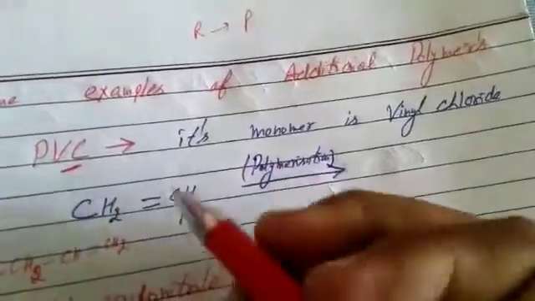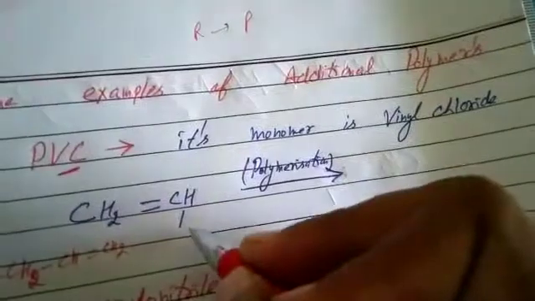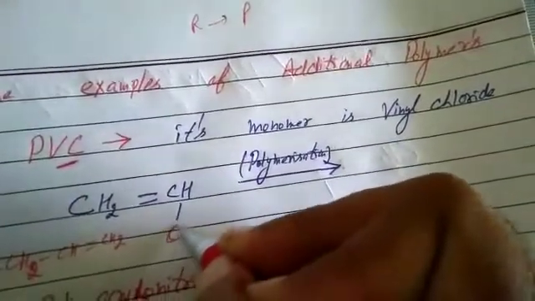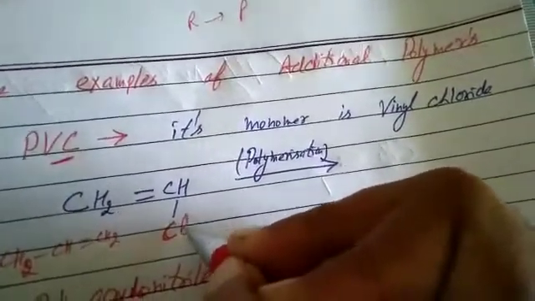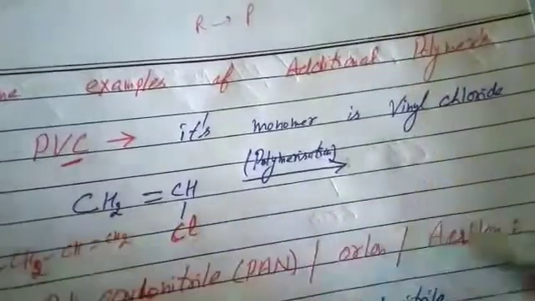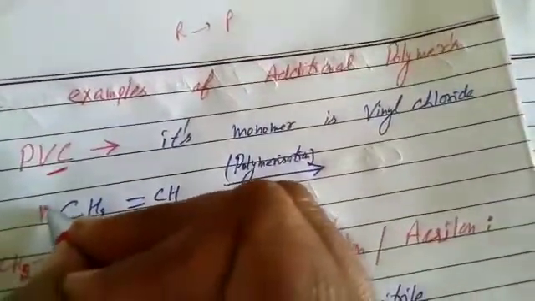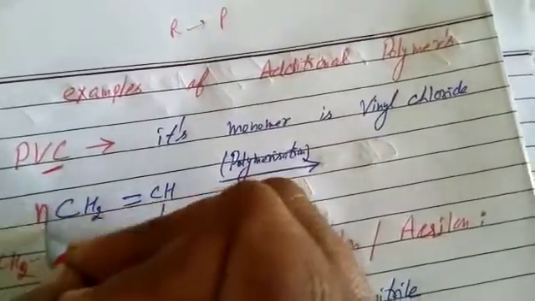PVC, vinyl chloride. Students, the suffix is chloride, which means we will mention Cl. It is vinyl chloride, and it's clear its monomer contains unsaturation. When we do polymerization, we consider n times in the general equation. Mention n times.